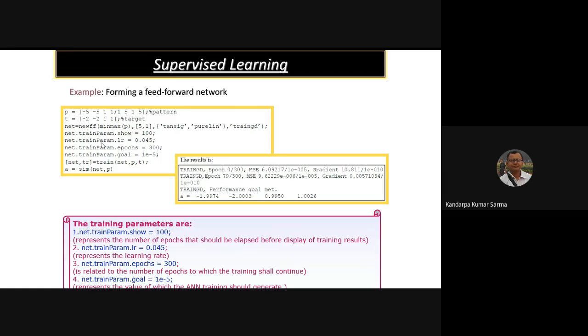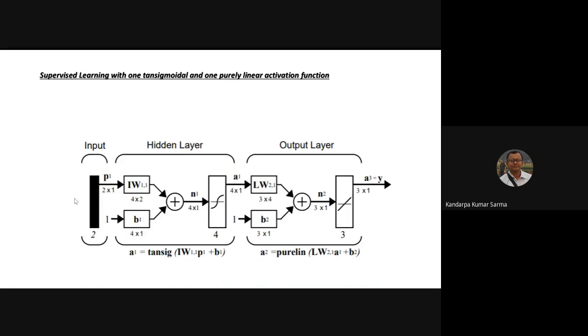and we have seen that this particular network works well and has reached the target quite fast, in just about 79 epochs. Okay. Now this particular network will look like this.